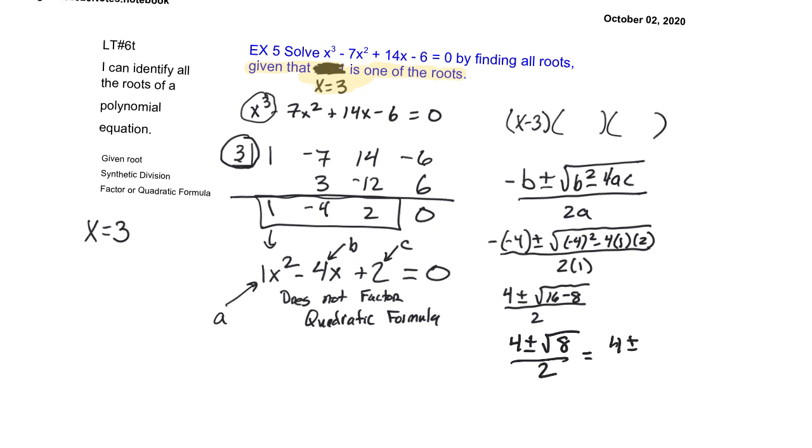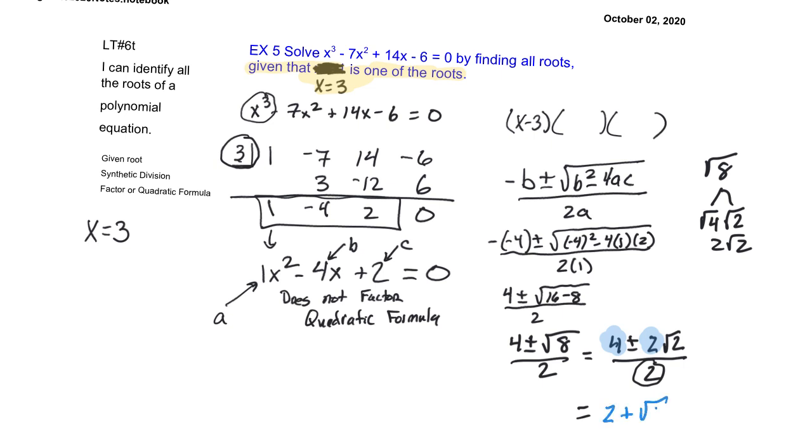From our radical days, we know that the square root of 8 is 2 root 2. And again, to review that, the square root of 8 can be the square root of 4 times the square root of 2, 2 root 2. And now, the denominator's 2, so I can divide each number in the numerator by 2. So I go ahead and do that.